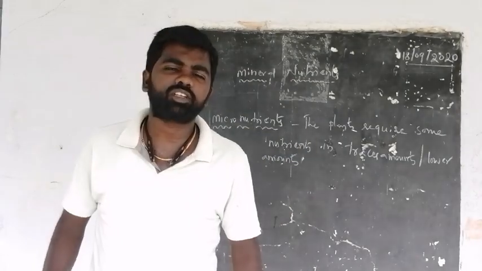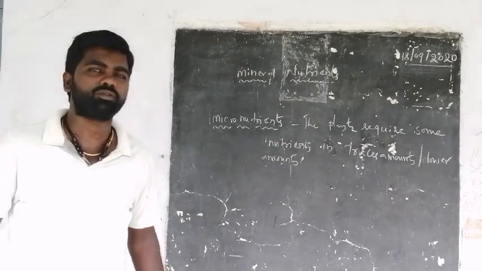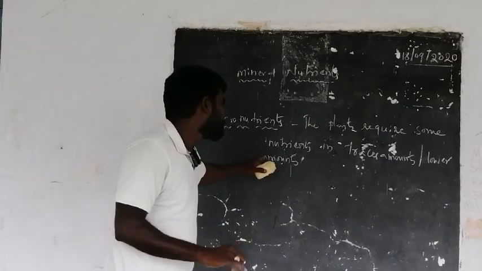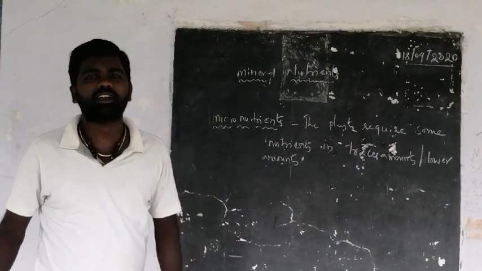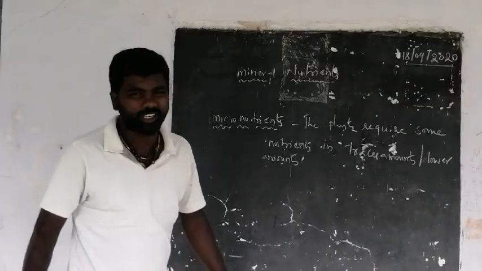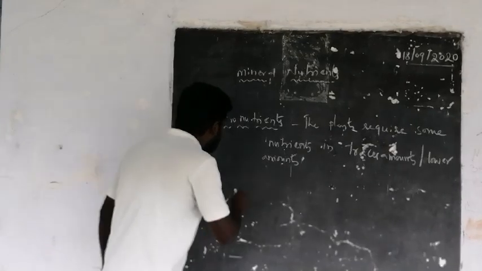Some of the mineral nutrients are required by the plants in low amounts, in lesser amounts, and those mineral nutrients are called micronutrients. Let us see the examples of micronutrients.